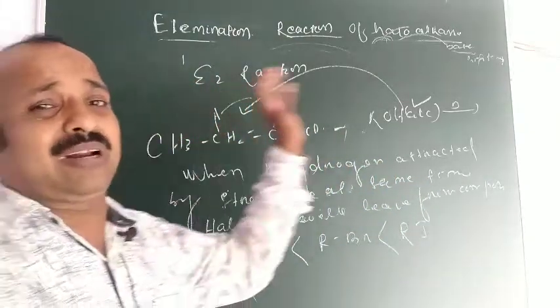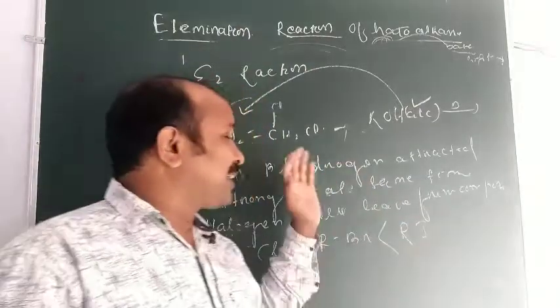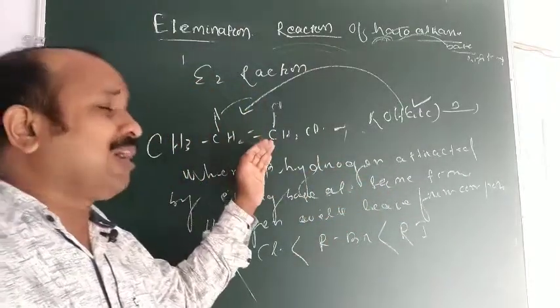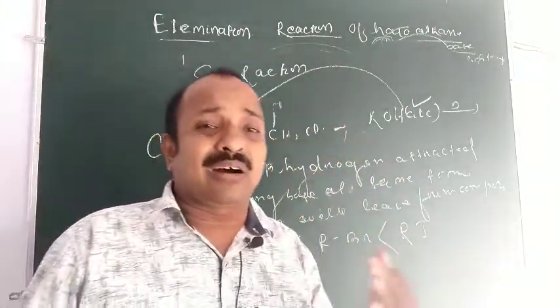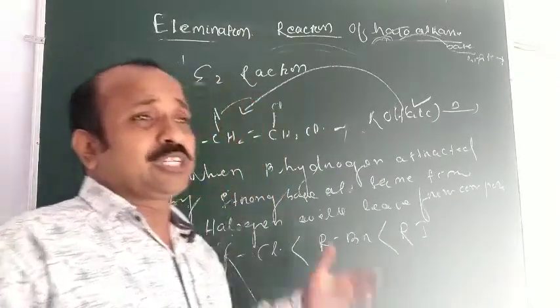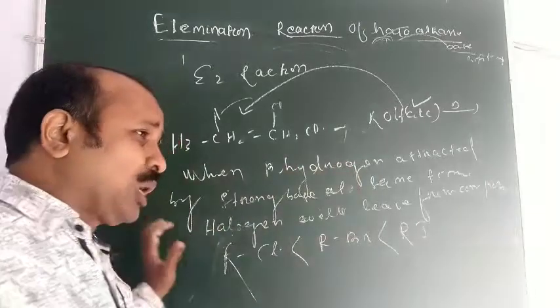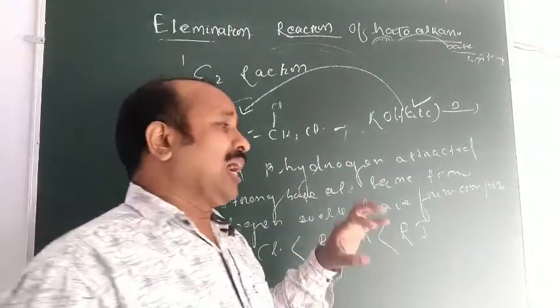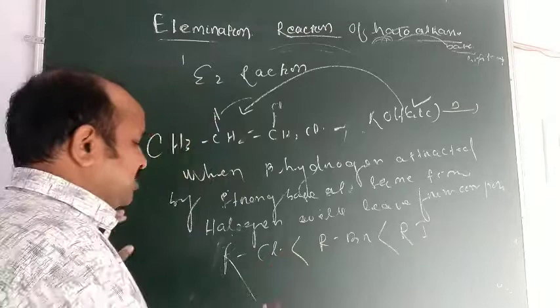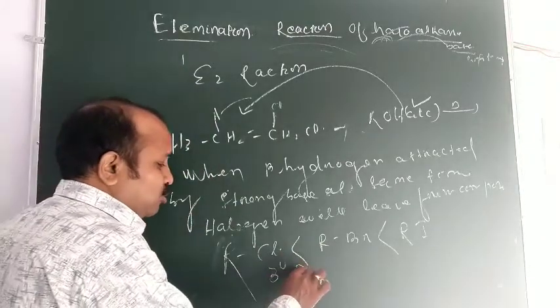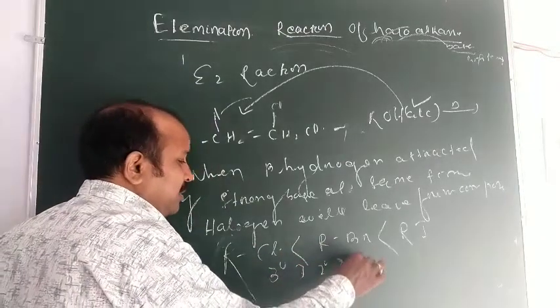When the beta hydrogen atom is removed, it will form an unsaturated compound. This is called dehydrohalogenation. For dehydrohalogenation, the 3 degree is more reactive than 2 degree than 1 degree.